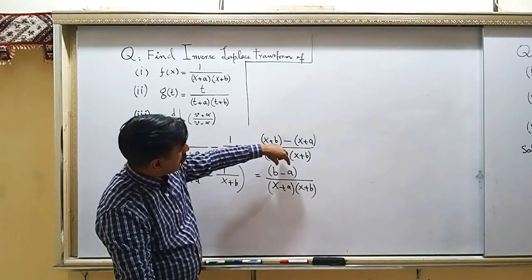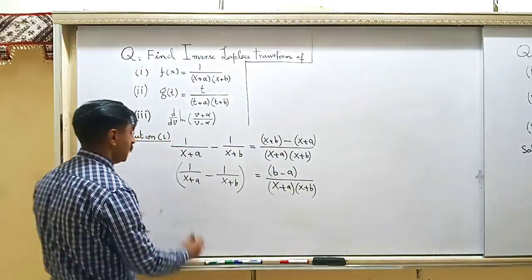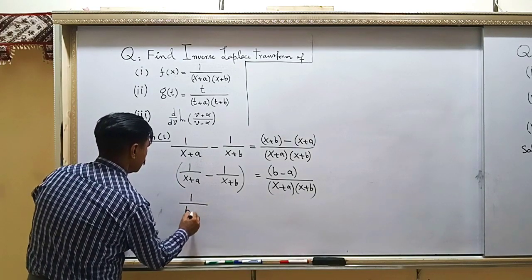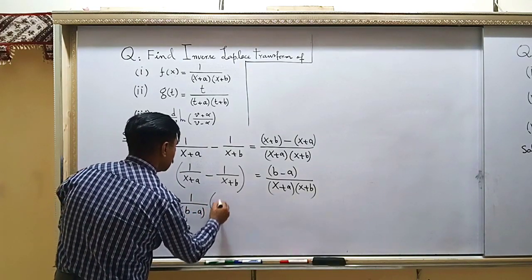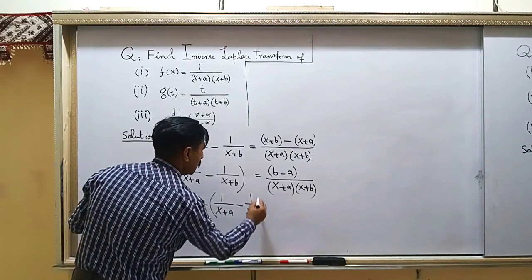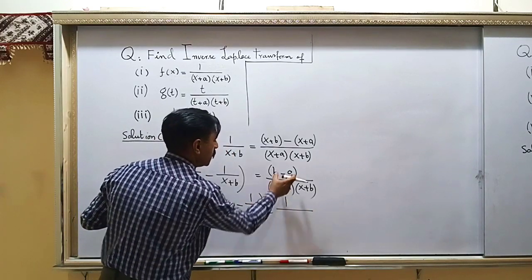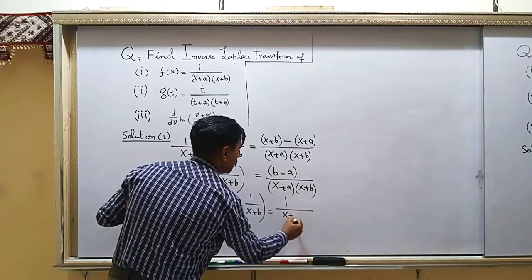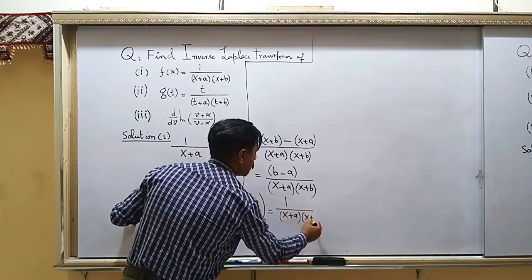Now you can shift this b minus a to the left, and by shifting it to the left, look what you have: 1 over x plus a into x plus b.